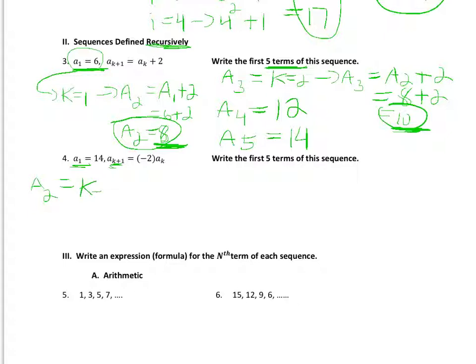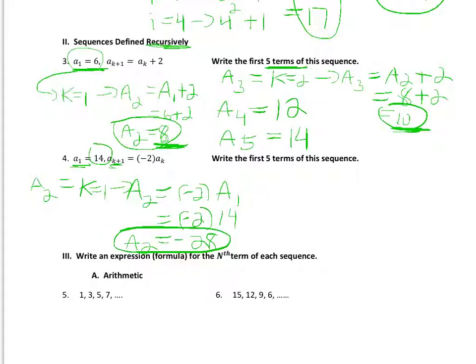So if I plug in k equals 1, I'm plugging k equals 1 to this, so it's going to be a sub 2 equals, I plug this k equals 1 into this, so it's going to be negative 2 times a sub 1. Well, I know a sub 1 is this, it's 14, so just plug it in. So negative 2 times 14, the second term then is negative 28.